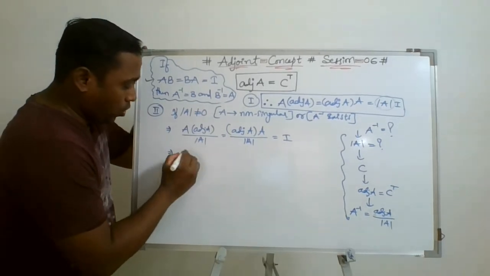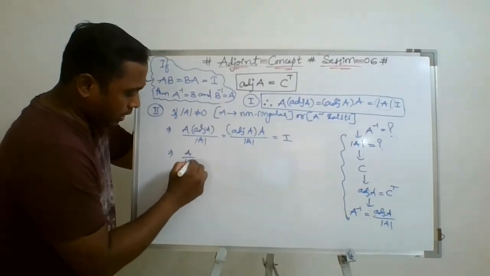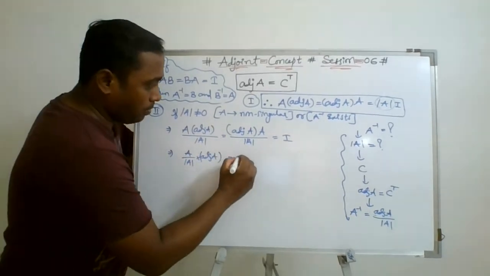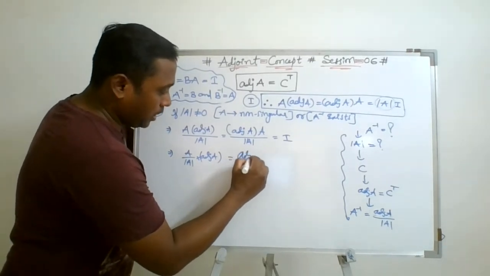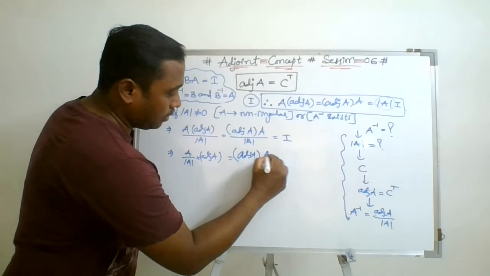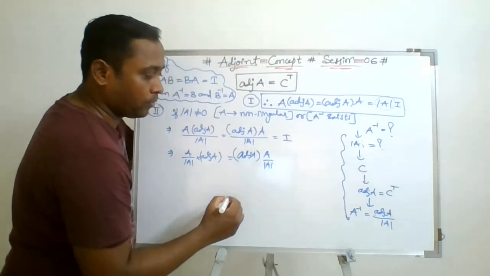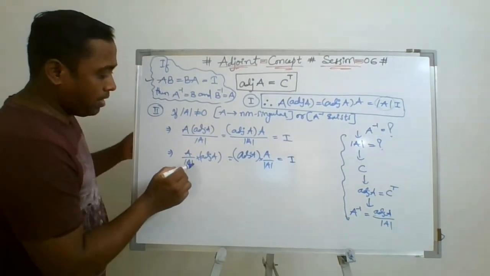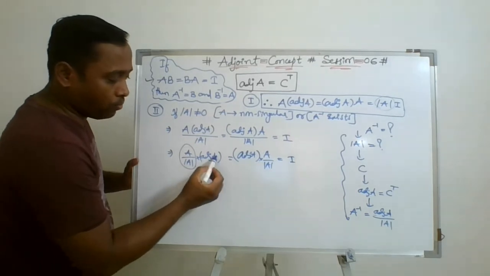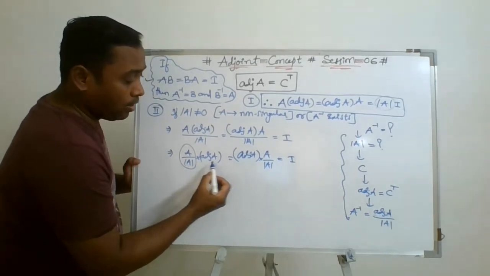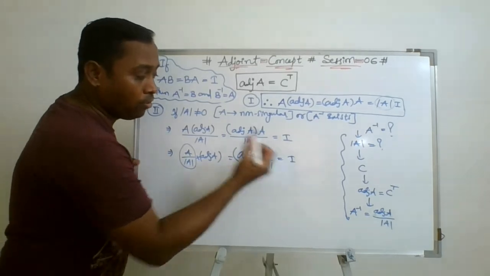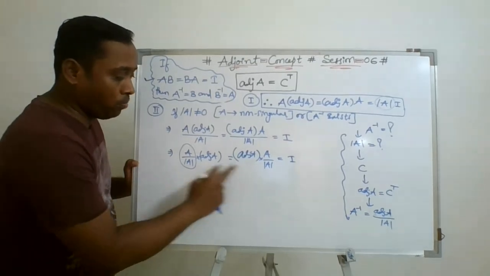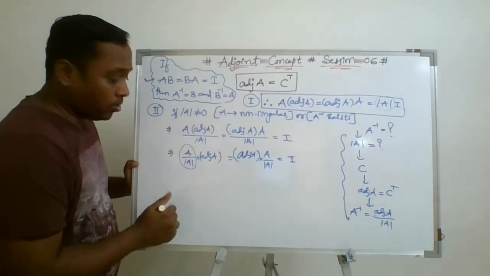I can also write this as A into adjoint A upon det A, the result is I. Similarly, adjoint A into A upon det A, which is still equal to I. So by considering this as matrix A and this as matrix B, A into B is equal to B into A is equal to I. Again, it follows the same definition. These two matrices are inverses of each other.